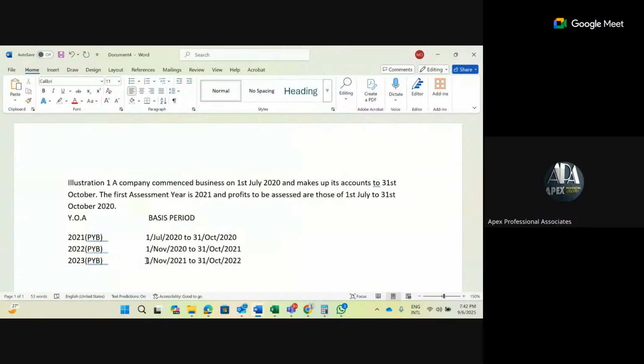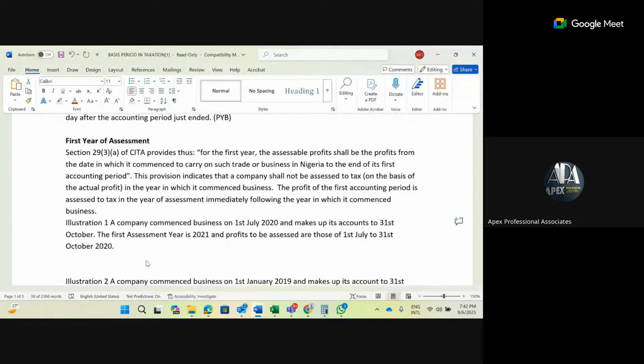The second year would not be 1st of January 2021 to 31st of December 2021; you would see the profit from January to June of 2021 in the first year and also in the second year. But Finance Act 2019 has made life easy and simple for you guys. So you should go and say thank you to Finance Act 2019.